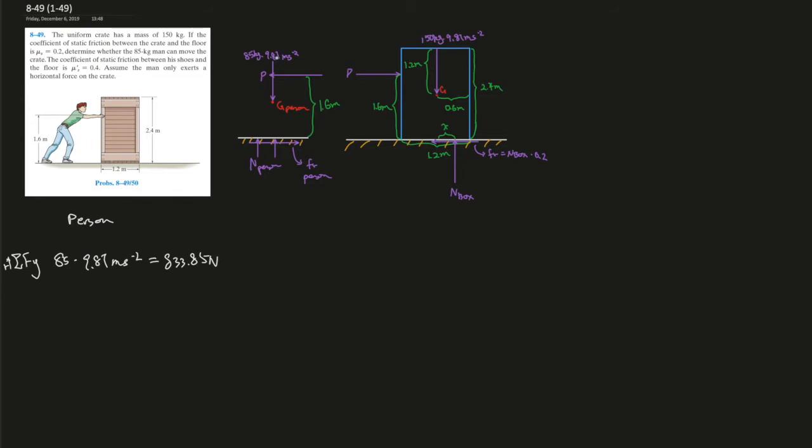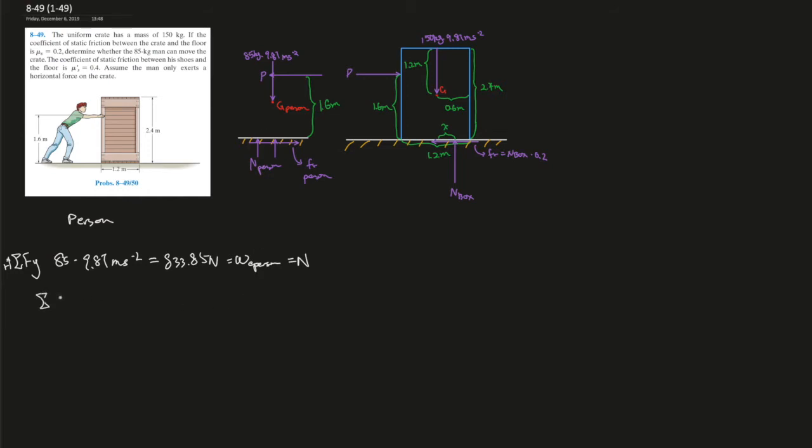This is the amount of force that the person exerts on the earth, the weight of the person, which also happens to equal N, because this force is the only force counteracting the normal force. Two forces in the y direction.